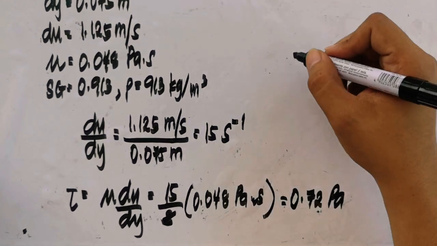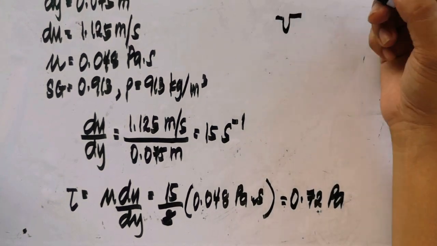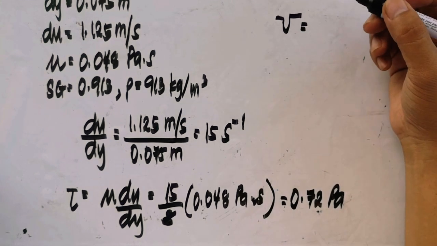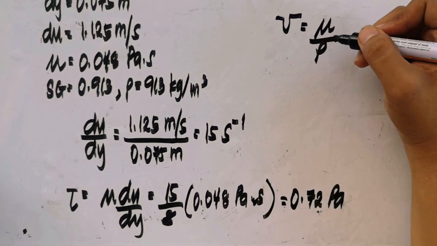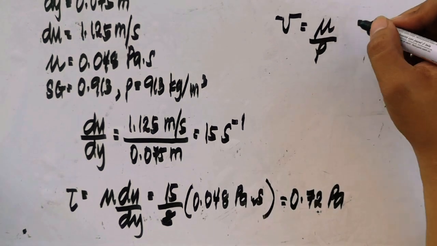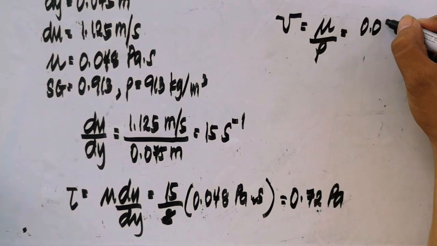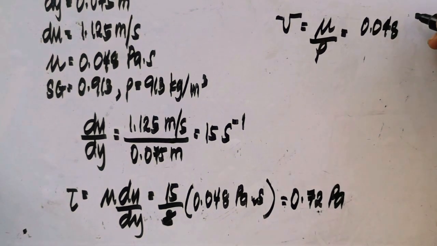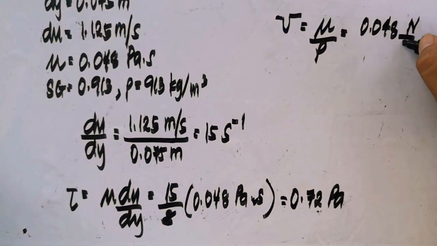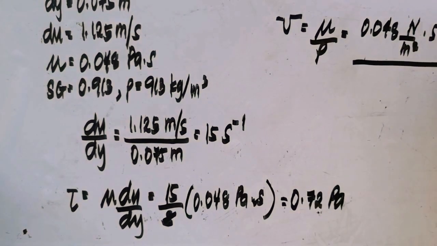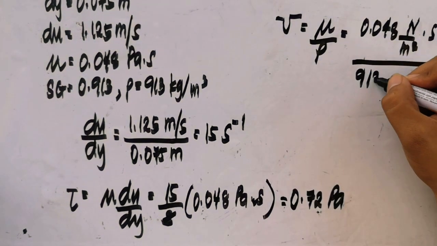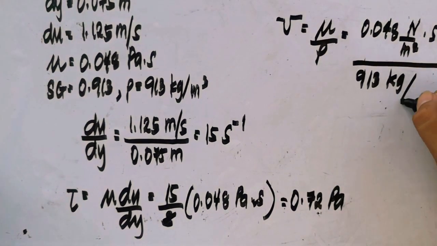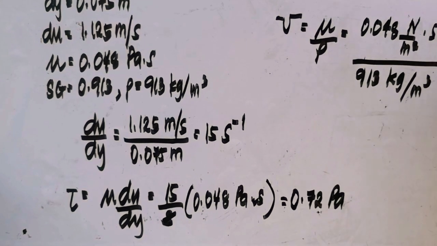pascals. Okay? And the kinematic viscosity, V, is equal to mu over the density. What is mu? Mu is 0.048 Pascal second. What is Pascal? Newton per meter squared, times second, over the density of 913 kilograms per meter cube.